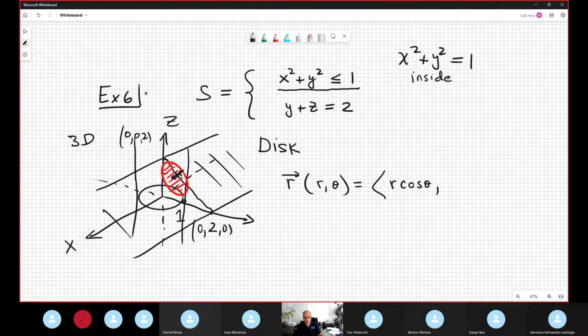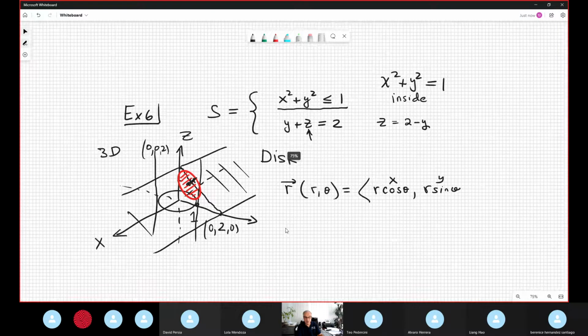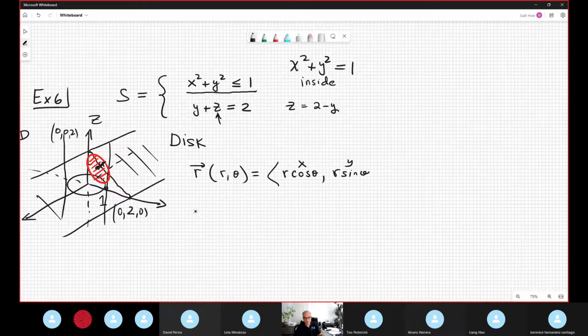The x component is r cosine theta, and the y component is r sine theta. This guy is x, this guy is y, no? And the z is obviously 2 minus y, no? But remember, in the vector valued function, the new variables are r and theta. It's easy. It's 2 minus y, que y is r sine theta. This is my vector valued function.